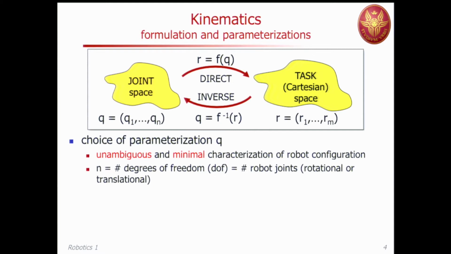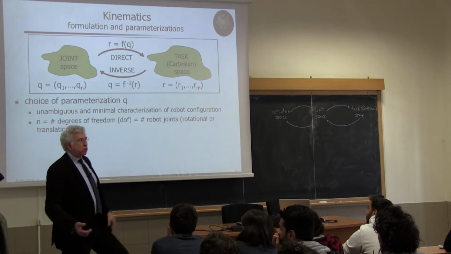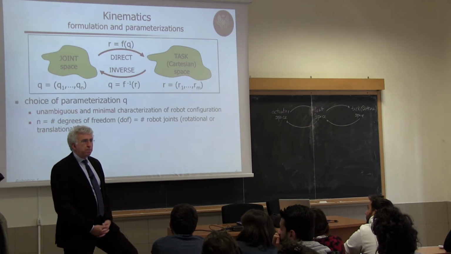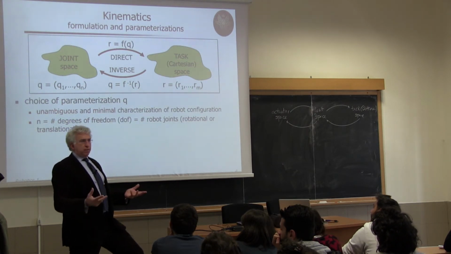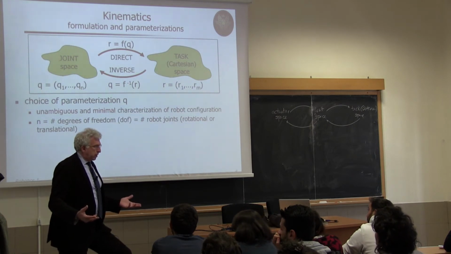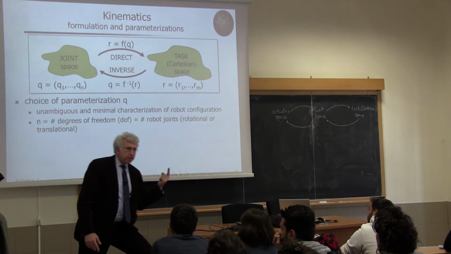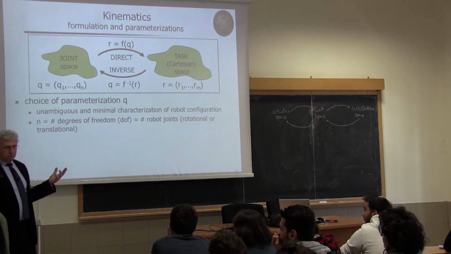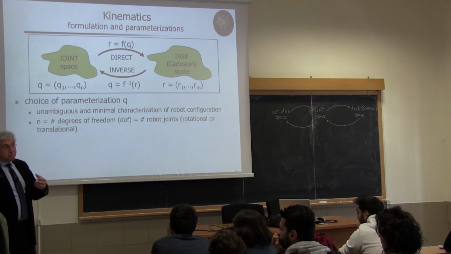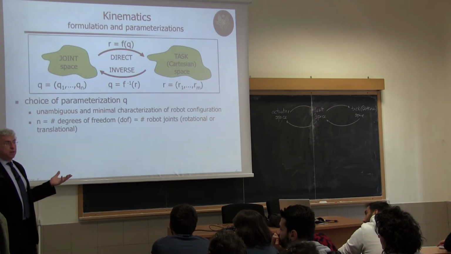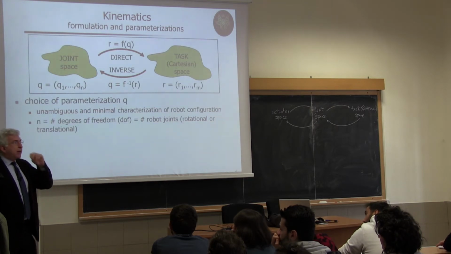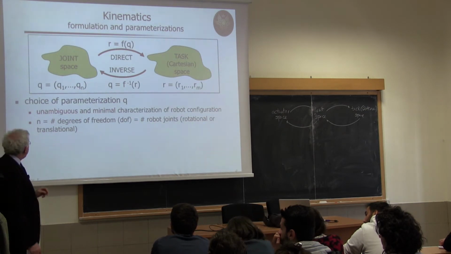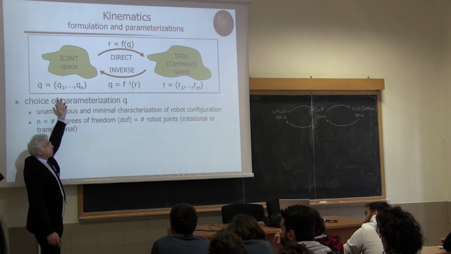We have mentioned that the joints of the robot will typically be of one of two natures, either prismatic or revolute, and we need some variable for each of these joints. Since each joint gives 1 degree of freedom, if the robot has n joints, no matter what the nature of these joints, we will need n variables, which are used to parameterize the joint space configuration of the robot.